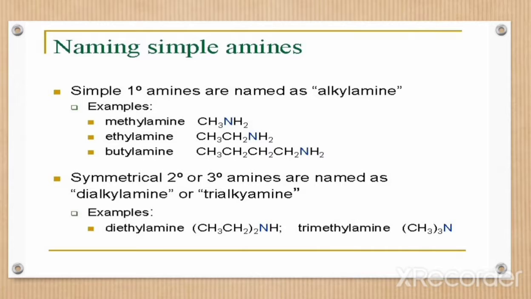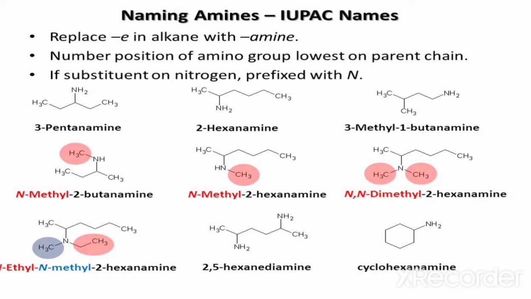So when two groups of ethyl are attached with the amine group or nitrogen, it will be named diethylamine. And when three methyl groups are attached with the amine group or nitrogen, it will be named trimethylamine. So these are the naming of simple amines.